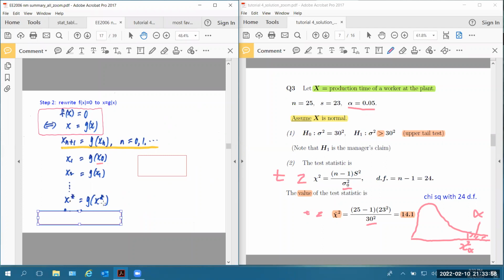And the moment you get this, meaning what? Meaning that your x star solves this equation, x = g(x). And because x = g(x) is equivalent to f(x) = 0, equivalent, right? So meaning what? Meaning that your f(x star) is 0. So that means if it converges, it will converge to the root of f(x) = 0. Right?